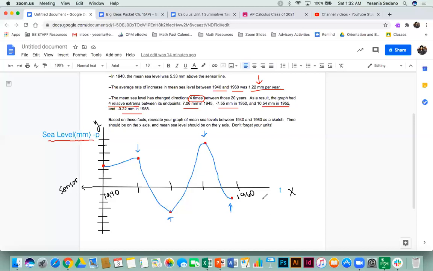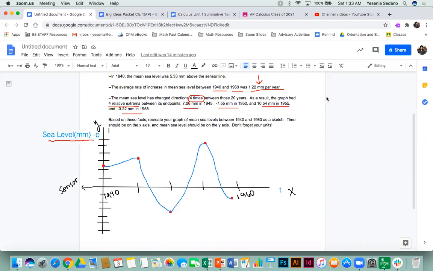Now then, we got to figure out that last point, and what we're going to be using is average rates. Again, if you look at your big ideas packet, how to find average rate of change is the slope between 2 points. To find the average rate of change between 2 points, you find the slope between the 2 points.